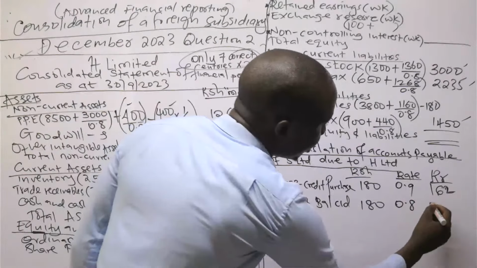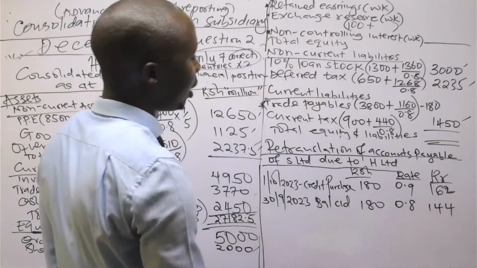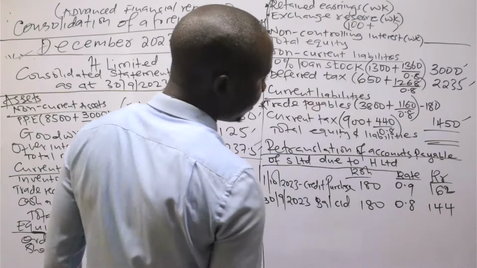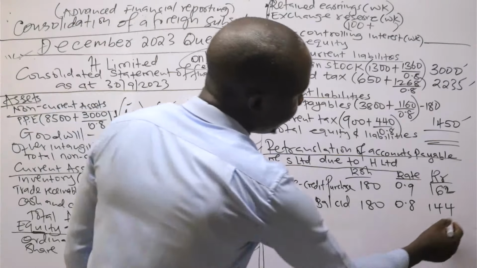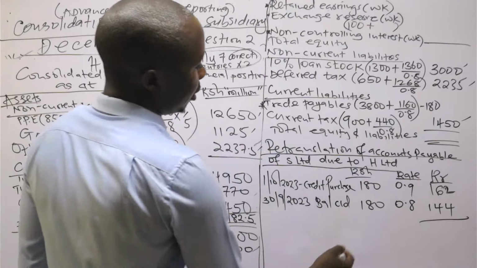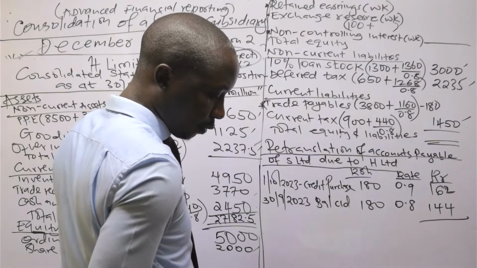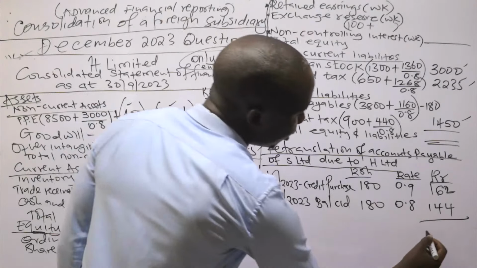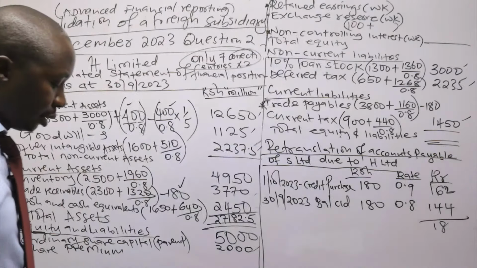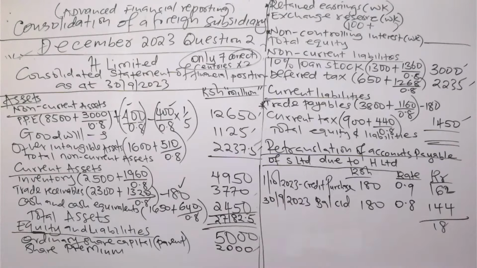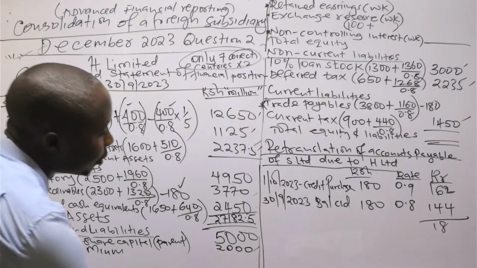Remember that it's times 0.8, not divide, because we are changing from Kenyan shillings to krona. So there is a difference from 162 to 144. That is 18. So the 18, that is our foreign exchange gain.